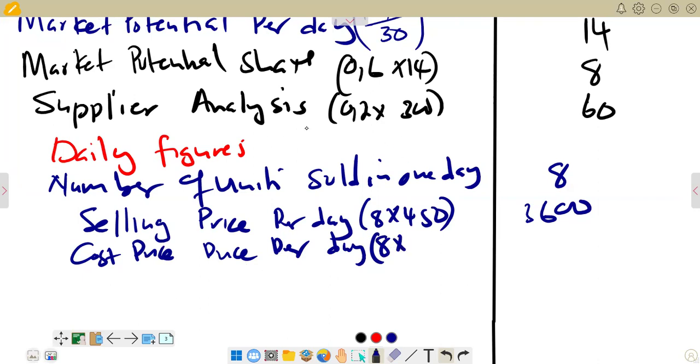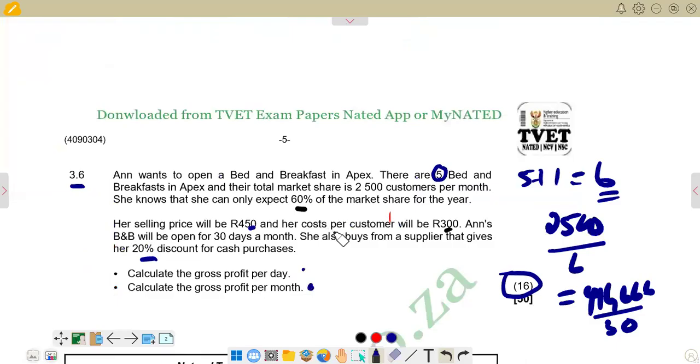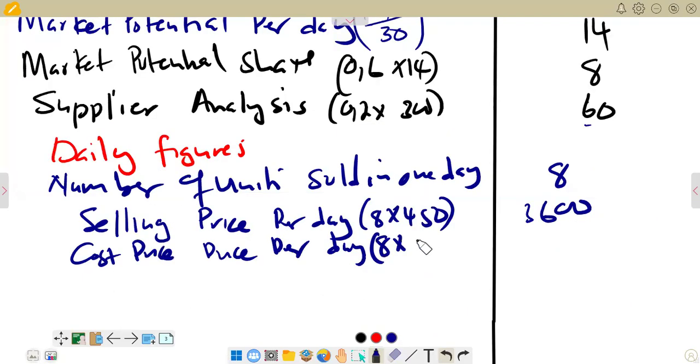In the supply analysis, the discount is 60, but the initial cost price we are given is 300. So we say 300 minus 60, and we get 240. So 240 is now the cost price after the discount. We multiply by 8 units, and the answer is 1,920.